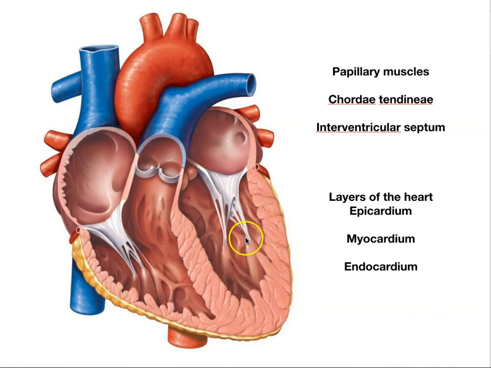Remember we said if anything has the word papillary, papillary means little nipple. So here are our little nipple muscles. These are papillary muscles. These chordae tendineae are attached to the papillary muscles. Here's the valve up here, and here's the chordae tendineae.